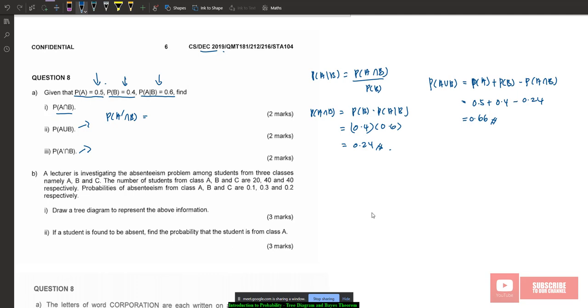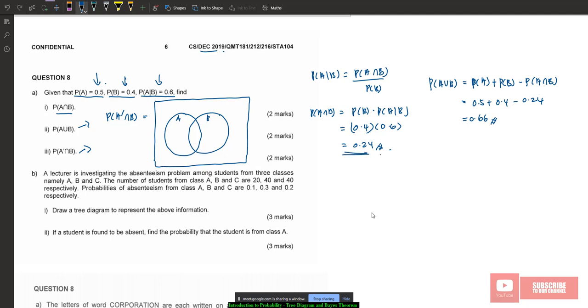To solve this one, you need to draw a Venn diagram. We have set A and set B. How do we know the sets intersect? Because the value of the intersection is non-zero.